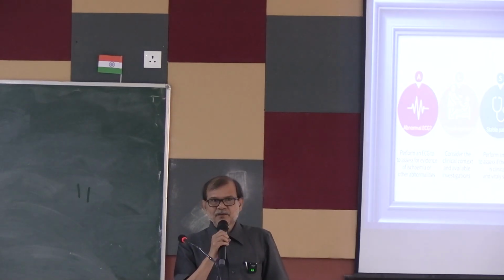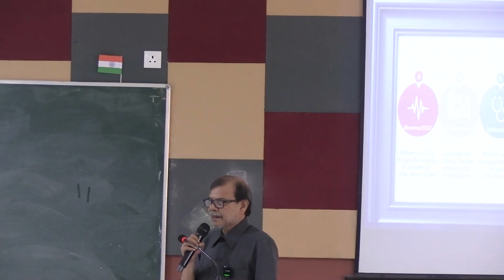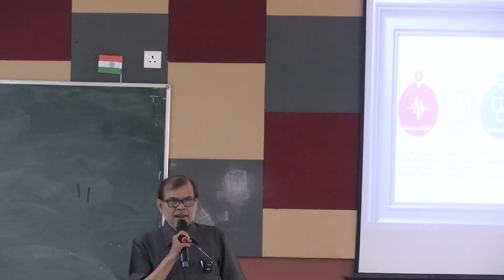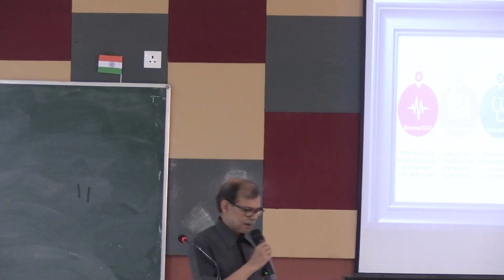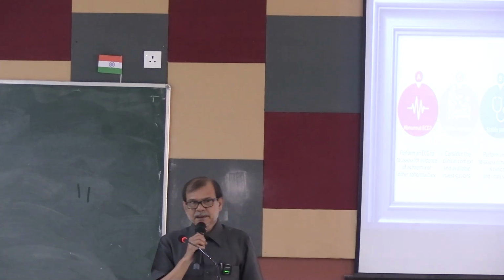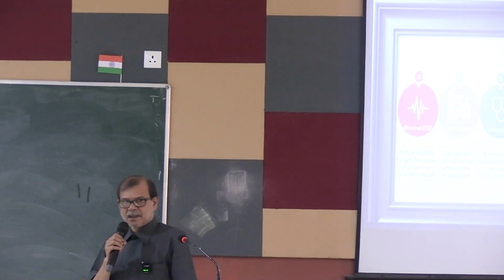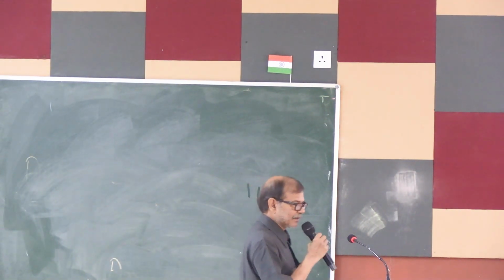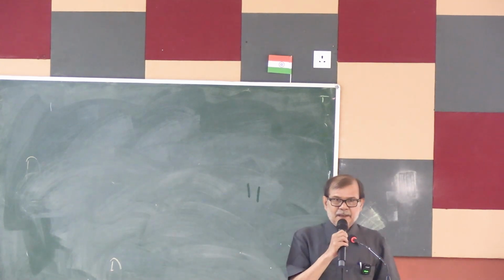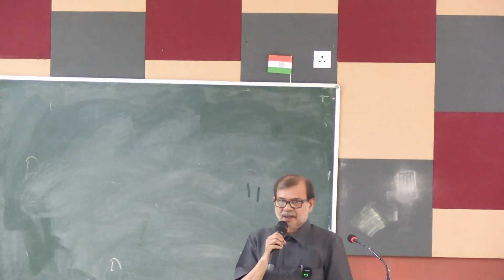Myocardial oxygen demand is dependent on number one, heart rate, number two, cardiac contractility, number three, myocardial wall tension or stress. Again, I repeat: heart rate, myocardial contractility, myocardial wall stress or tension.